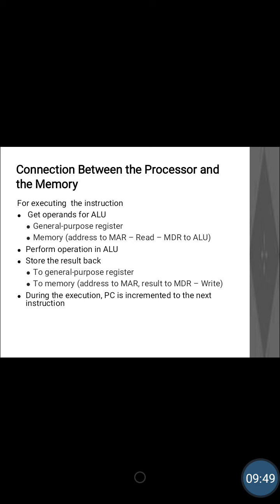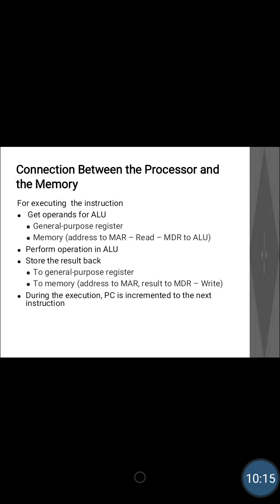So what does it do? If the result is to be stored in memory, then the address where the result is to be stored, where is it to be stored now in our example? In LOCA, assume. Then it has to be moved to MAR, and whatever result I want to store, the data is to be present in MDR. Then what happens? The control unit sends a write signal.